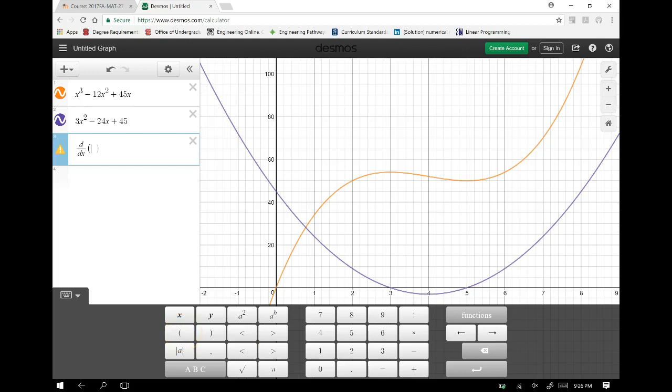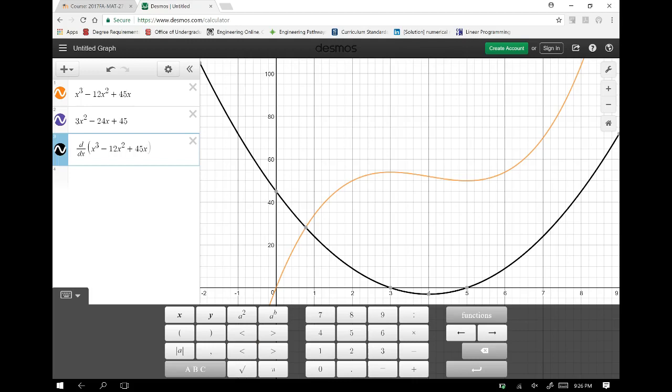It'll find and graph the derivative for you. So you can tell it, graph the derivative of x cubed minus 12x squared plus 45x. And look, it fell right on top of the purple graph.